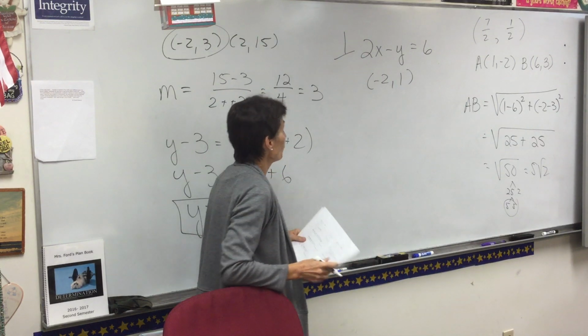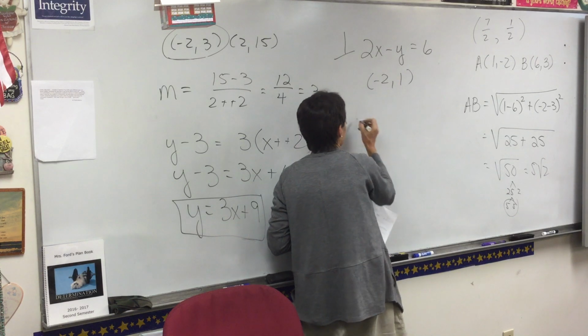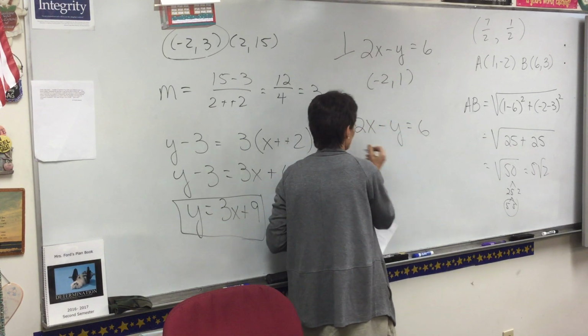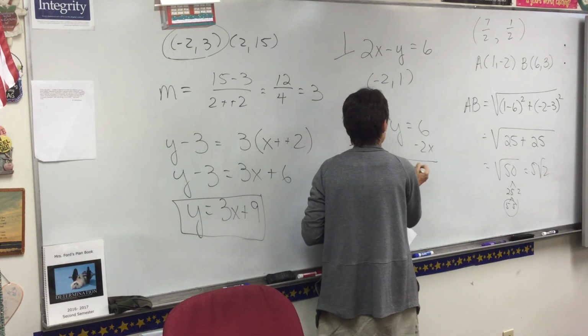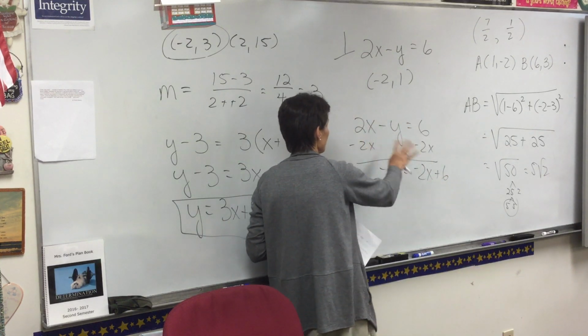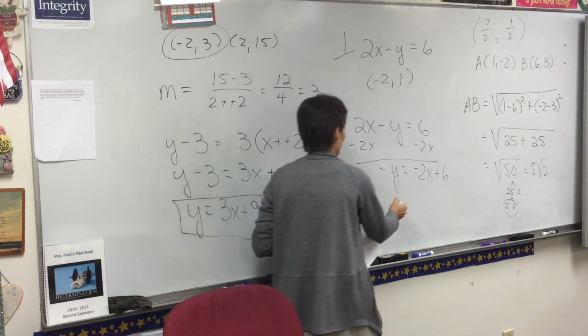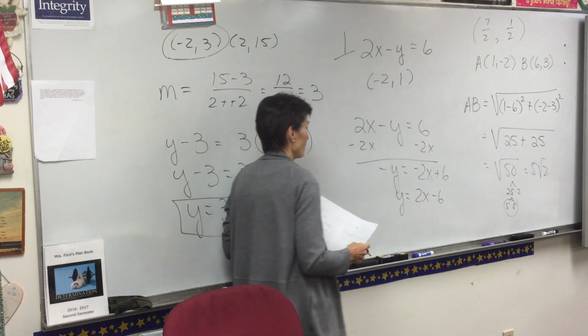I need to get y by itself in this equation. Why am I doing this? What's the purpose of getting y by itself? I'm going to get the slope, that's right. And I'm going to be really careful as I move things around. I'm going to keep negatives, divide by negatives, whatever. So I got 2x minus 6 as my line.